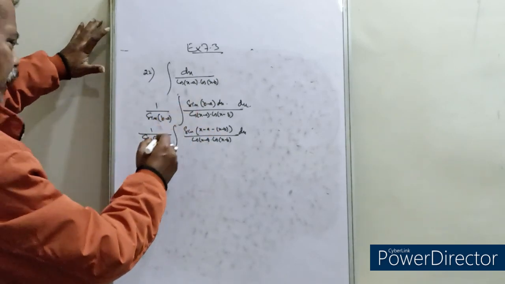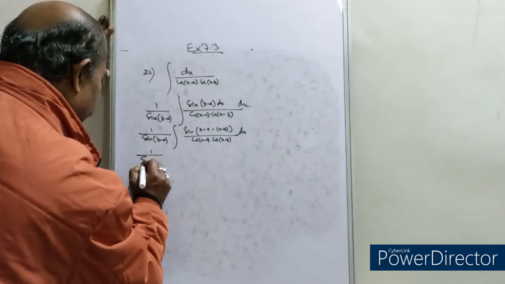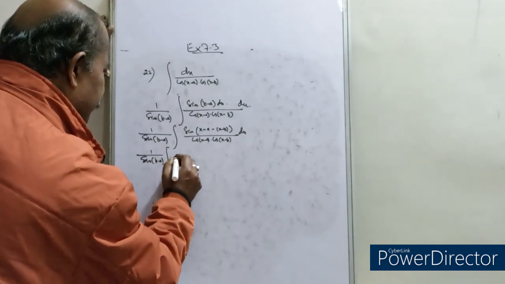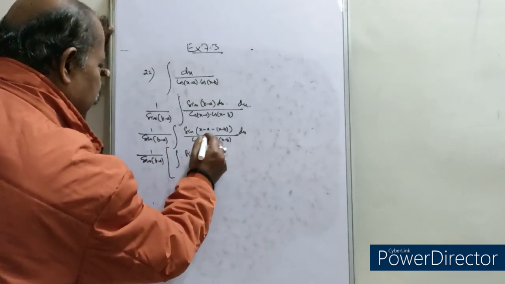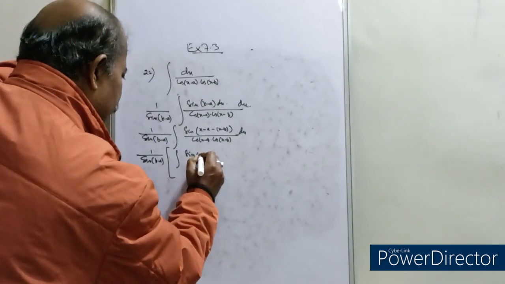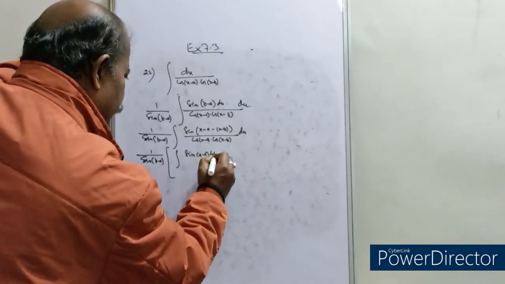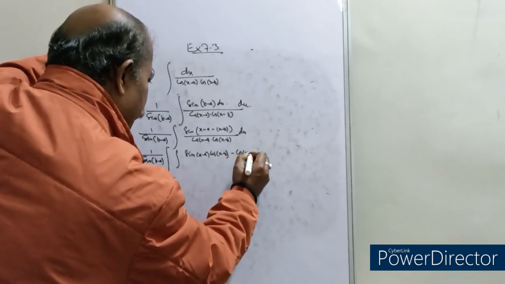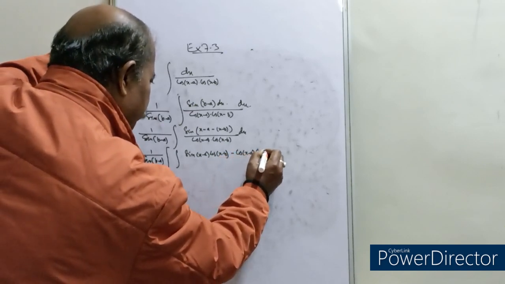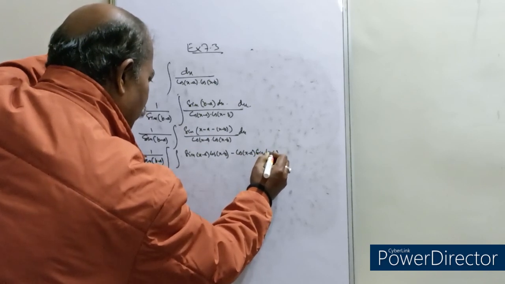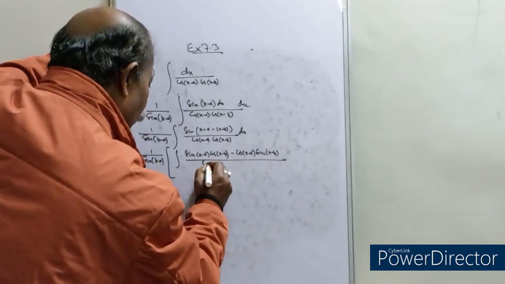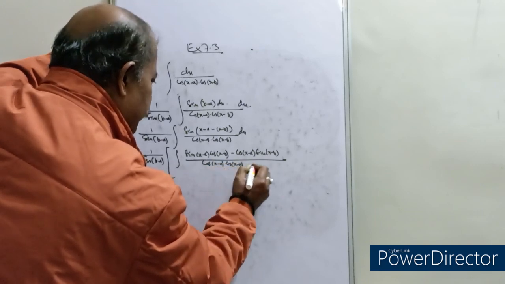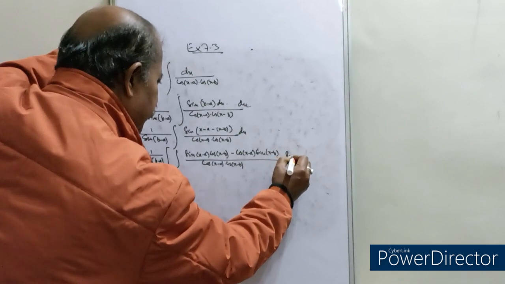Now I can apply the formula: sine a cos b minus cos a sine b, divided by cos(x minus a) cos(x minus b), this is dx.